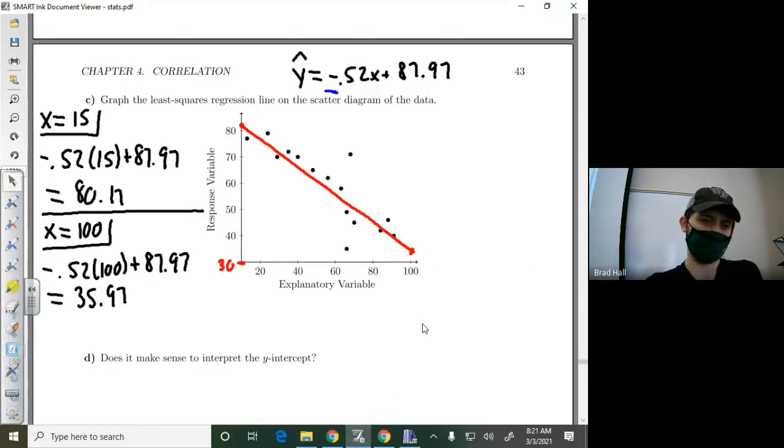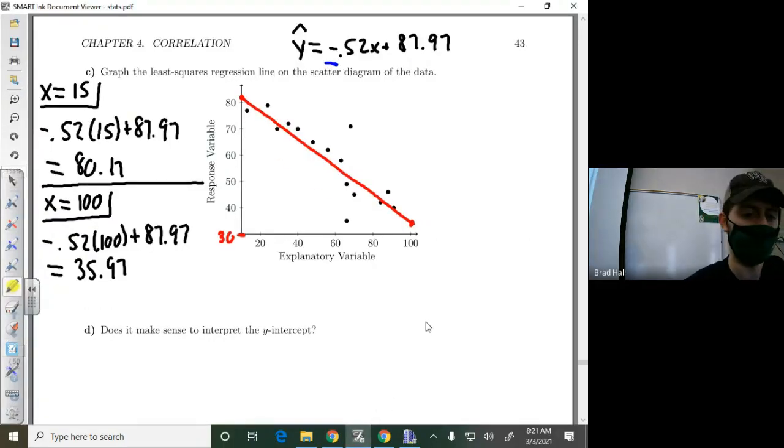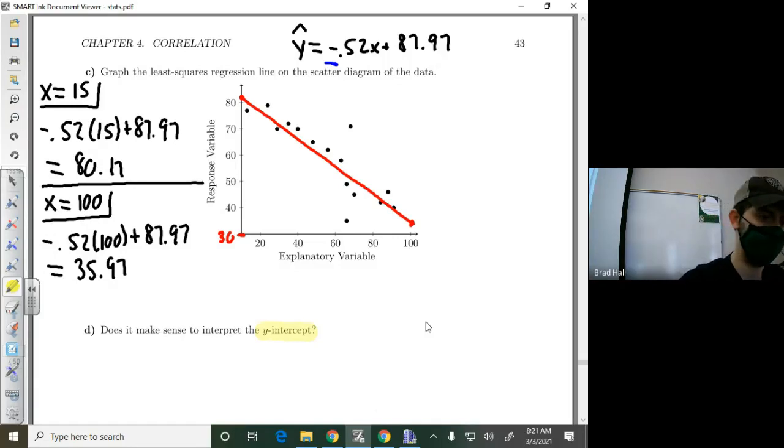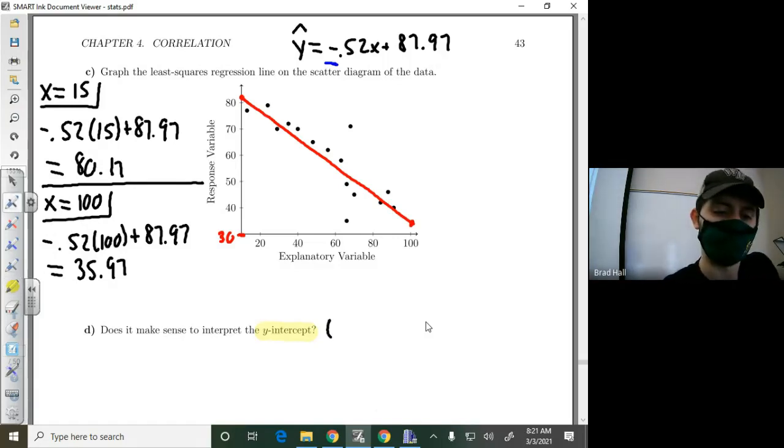So does it make sense to interpret the y-intercept? Now the y-intercept, this is whenever x is equal to 0. That's the y-intercept.